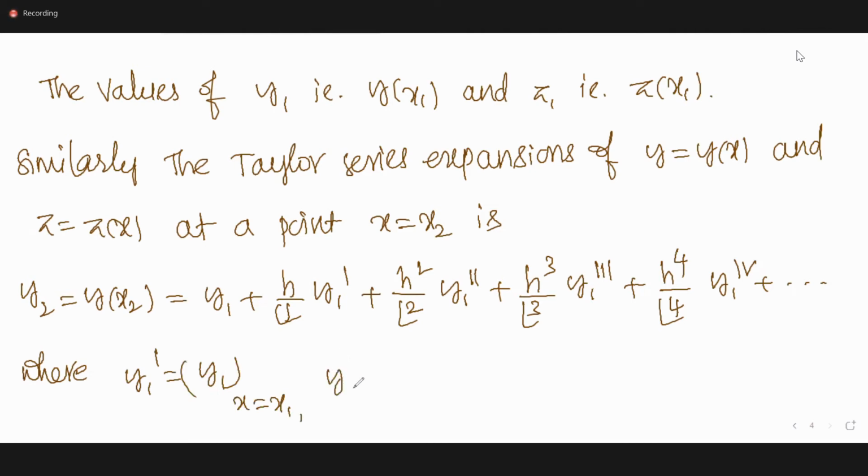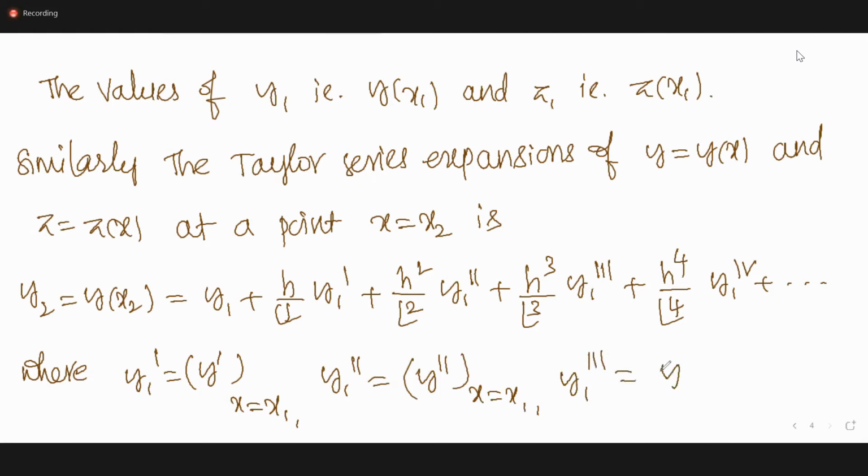Next, y1 double dash is equal to y double dash at a point x is equal to x1. y1 triple dash is equal to y triple dash at a point x is equal to x1, so on.